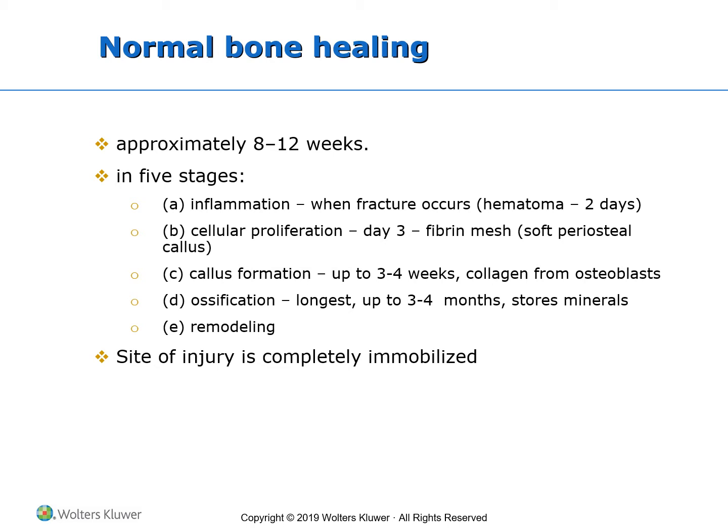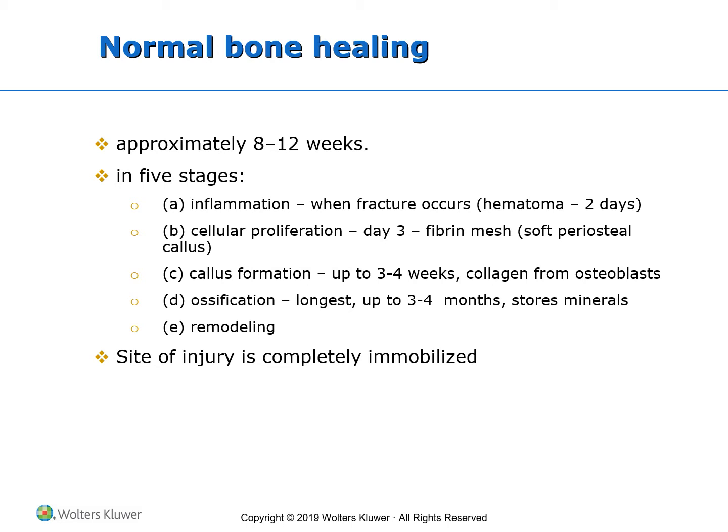The cellular proliferation will continue with the callus formation up to 4 weeks, and now the fibroblasts will be replaced by osteoblasts that will secrete more collagen, and that will become the ossification process by depositing calcium in the collagen matrix.